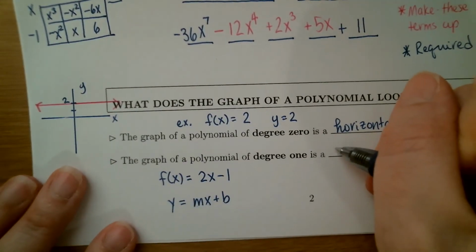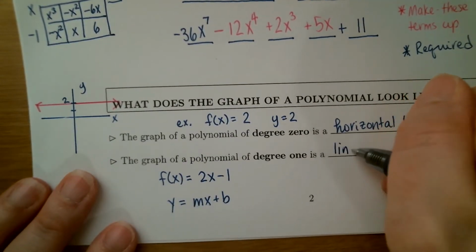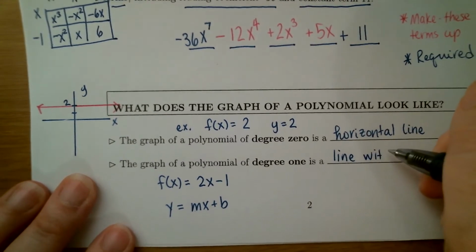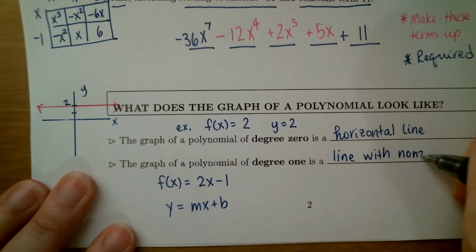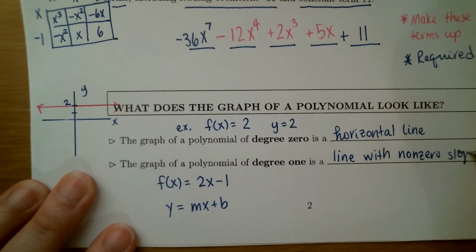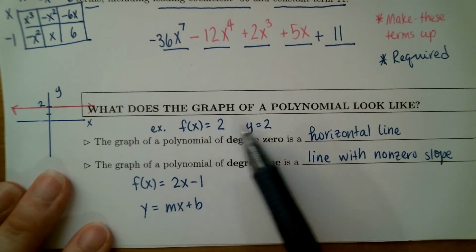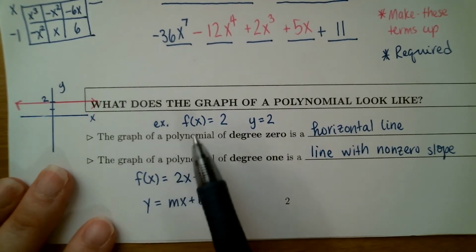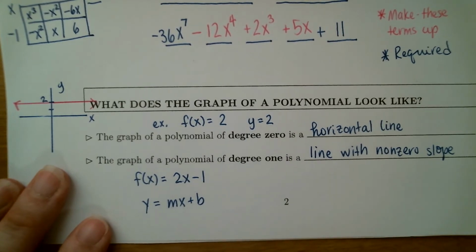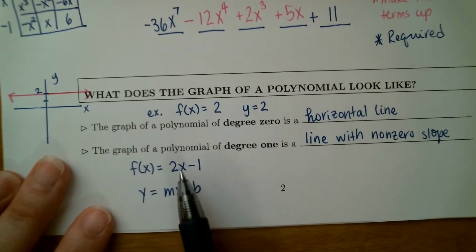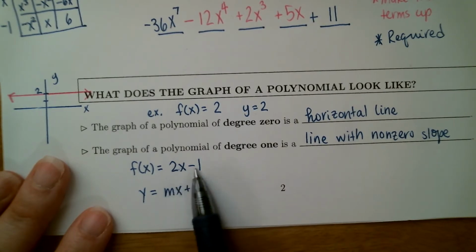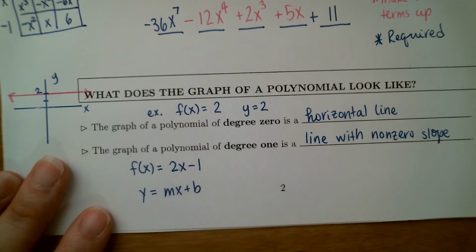So degree 1 is going to be a line with non-zero slope, because if you have 0 slope, then the x would go away and leave you with just a number. So there you go. Degree 1 is a line with non-zero slope. For example, this polynomial of degree 1, highest power of x is 1, is a line with slope 2, y-intercept negative 1. Again, we've seen this before. We just didn't call it a polynomial.